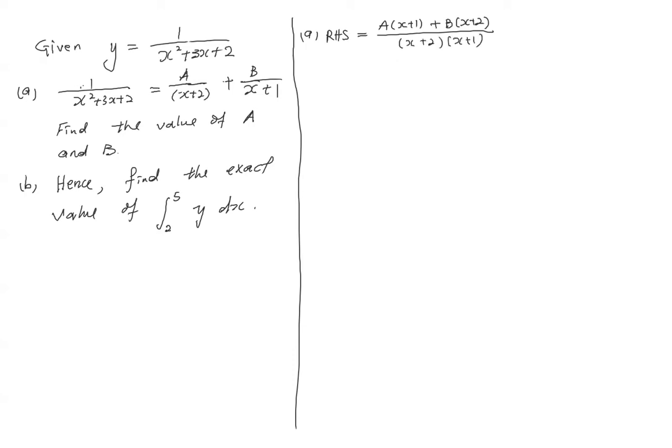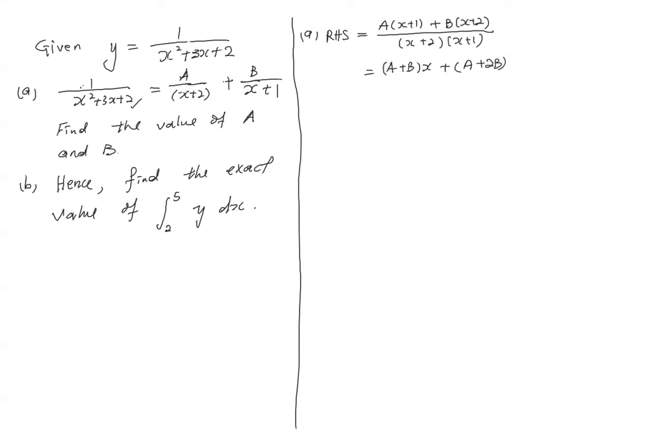You see, if you expand this, you will get this. So the issue is not the bottom. So the top there, I have (A plus B), the whole thing times x, then plus A plus 2B, correct?